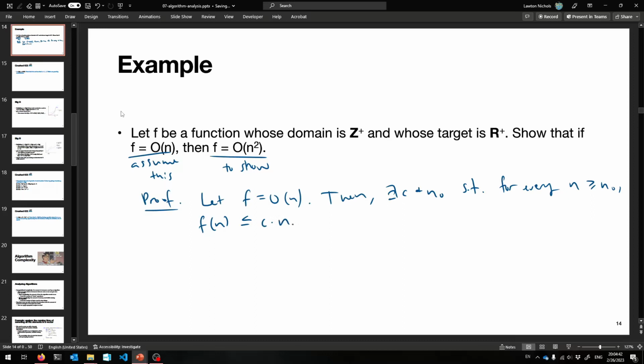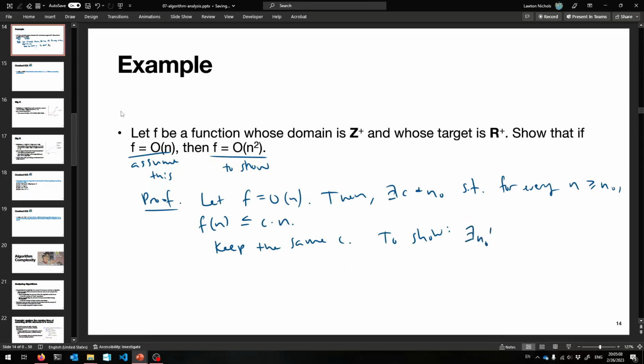So here's the proof. We're going to keep the same c, because we need to show that n squared is also bounding it. Keep the same c. What we need to show is that f is O of n squared. So we need to find a constant. Let's pretend we're using the same constant. We need to find a new n naught, call it n naught prime.